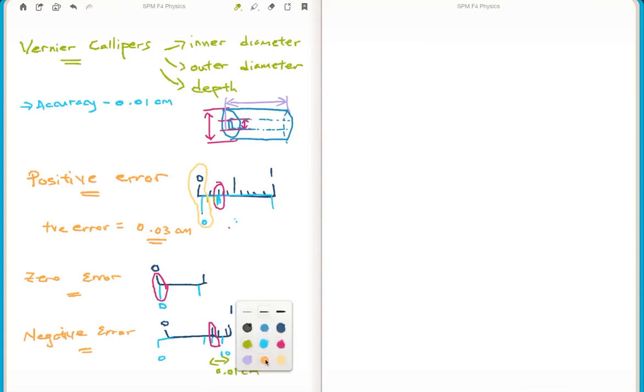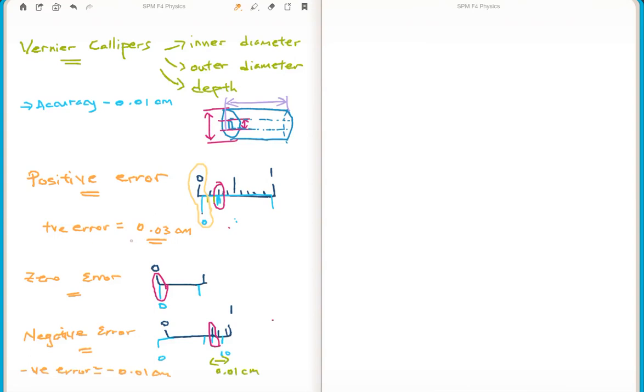So therefore, your zero error, your negative error, is actually negative 0.01 centimeter. So in your reading, be sure you add this value, because in order to get rid of the error, you need to subtract the error. So for this case, you need to subtract the negative error, so you need to add this value.